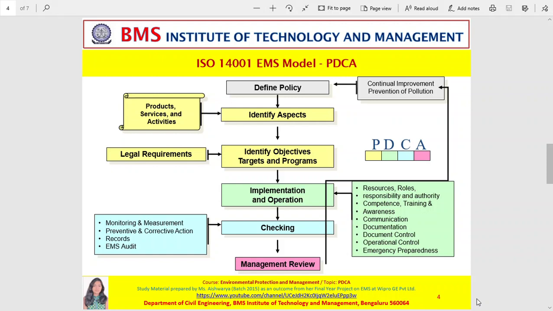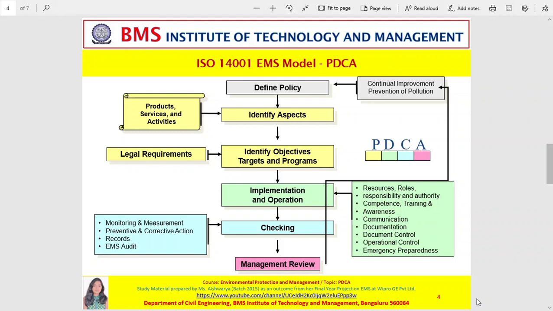Thereby, it is very clear that communication is very important among the employees of an organization in order to successfully implement an EMS.